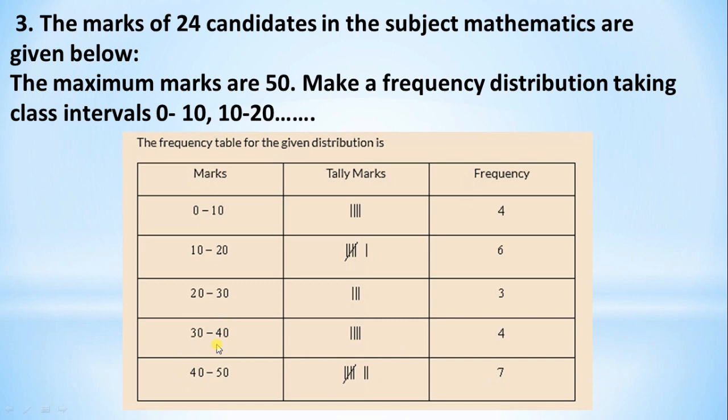I repeat, children, in this frequency distribution, the mark 40 is included in the class interval 40 to 50 and not in 30 to 40. Similarly, 30 is included in the class interval 30 to 40 and not in 20 to 30.